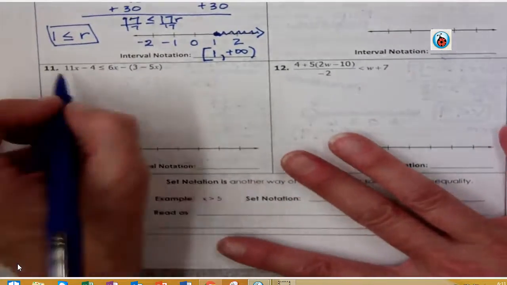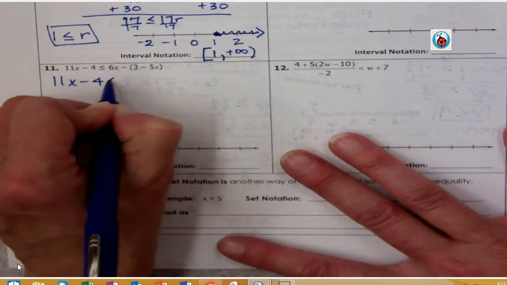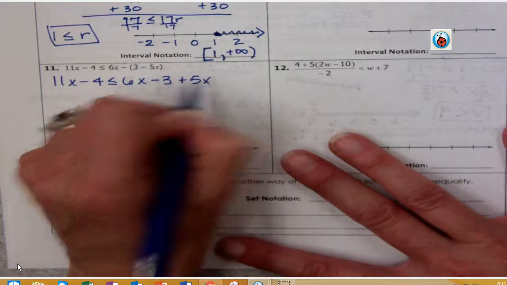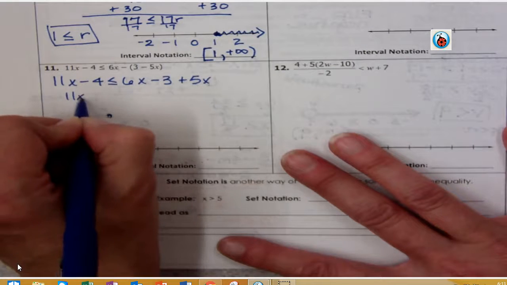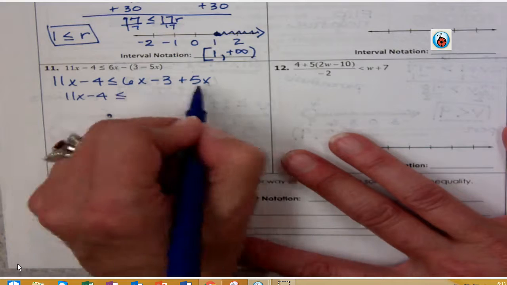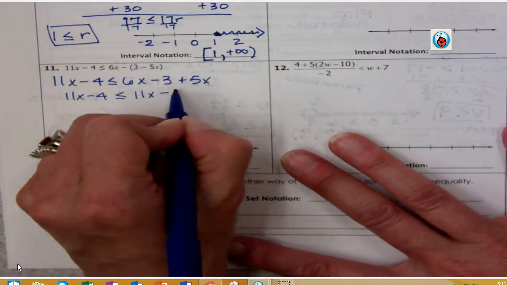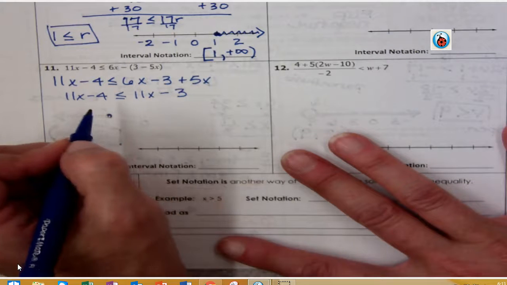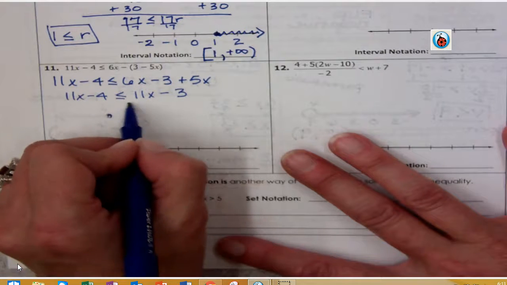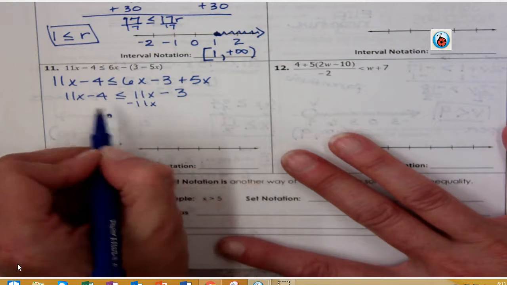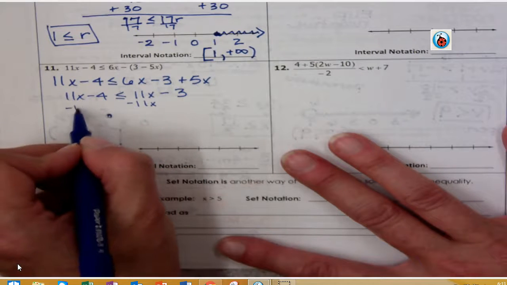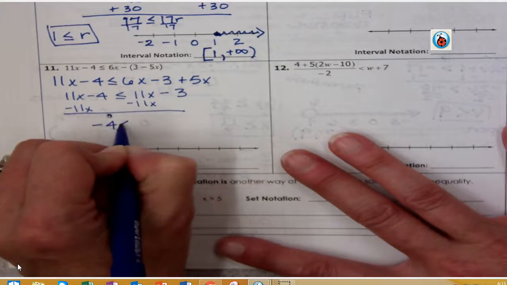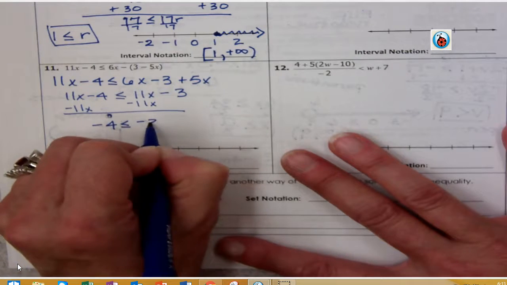We have one like this, 11x minus 4 greater than or equal to 6x minus 3 plus 5x. We're going to be left with 11x minus 4 greater than or equal to 11x minus 3. Then we've got subtract 11x, subtract 11x, and we're left with negative 4 is less than or equal to negative 3.